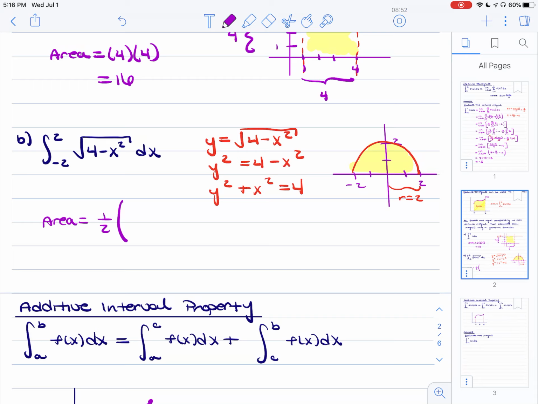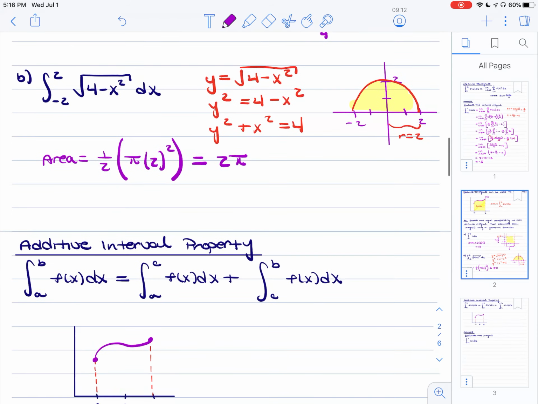Remember, area of a circle is pi r squared, so pi times 2 squared, and half of that would come out to 2 pi. All right, so there's a couple examples using geometry to evaluate definite integrals when they represent an area.